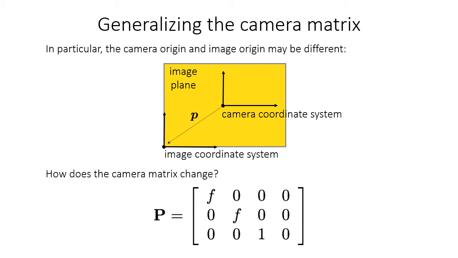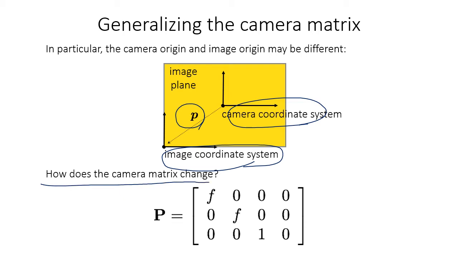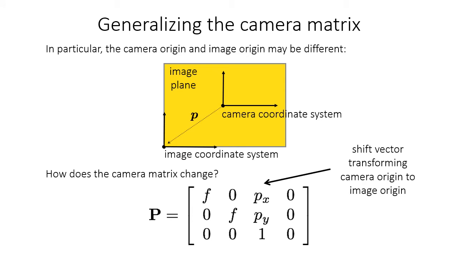So when we define that distance from the camera coordinate system to the image coordinate system as this p, then how does the camera matrix change, as shown here? So this px and py is the shift vector transforming the camera origin to the image origin.